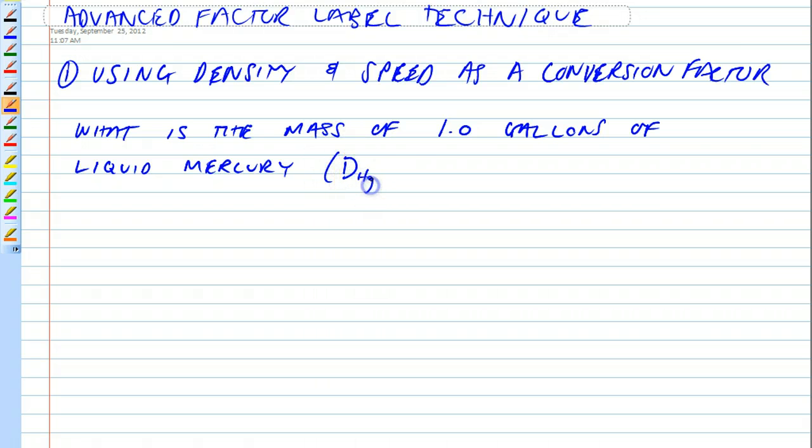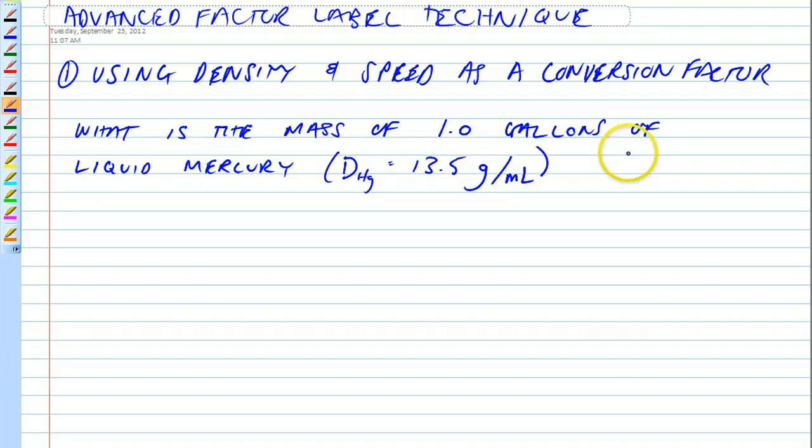So the density of mercury, symbol Hg, is 13.5 grams per milliliter. Now, usually density is going to be given to you in grams per cubic centimeter, but a cubic centimeter is a milliliter, all right? And in this case, it's liquid, so it's cool to use milliliters. Right, and this is what you'd be given.